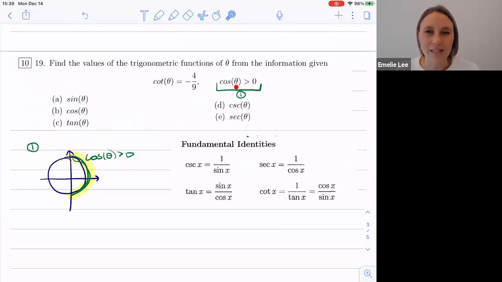So instead of using the opposite over adjacent, I'm going to look at this one, which has it in terms of the cosine over sine. That's just something that you kind of pick up on really quickly. You can use the other one.